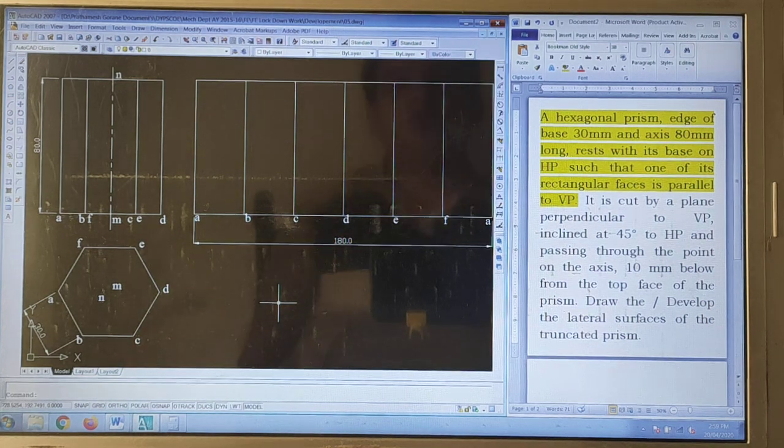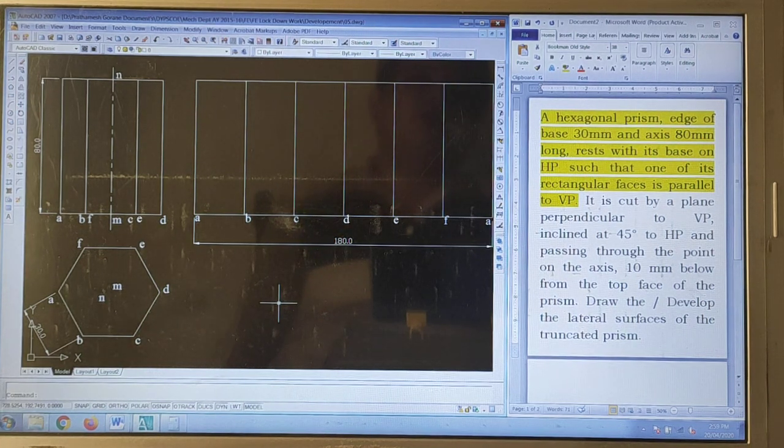This is the solution of a basic problem, which is nothing but the development of a hexagonal prism.